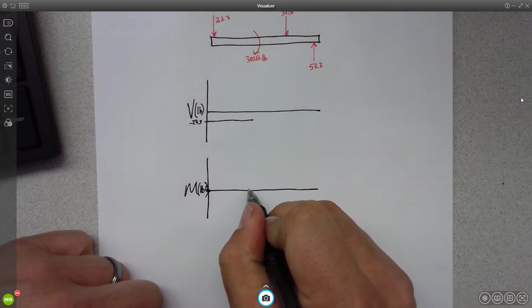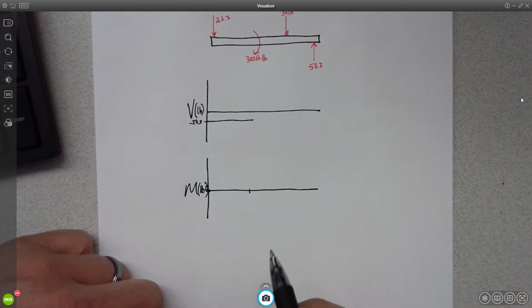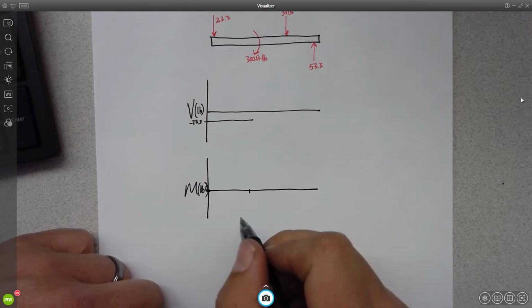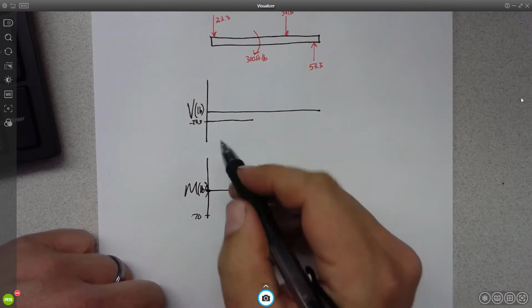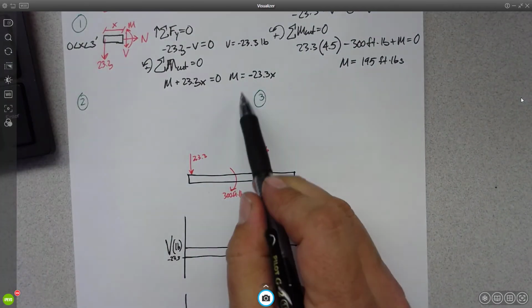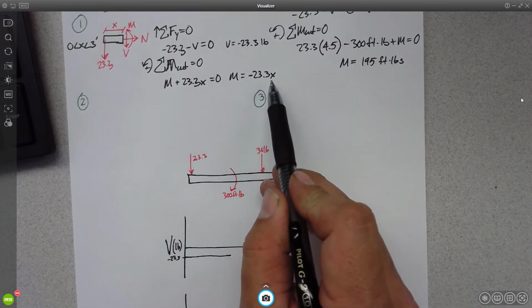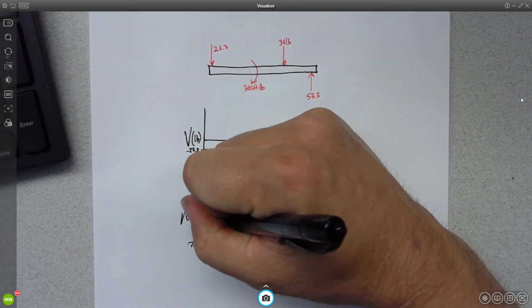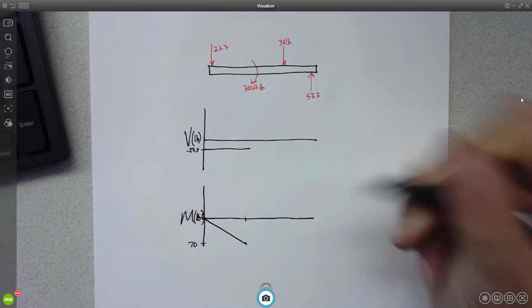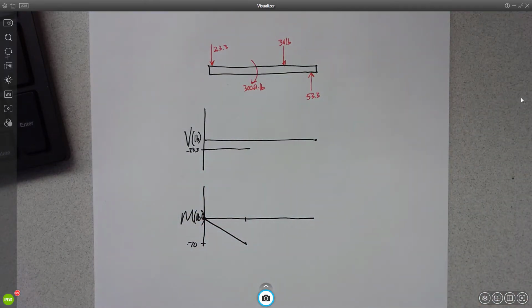And if I go to 3, I'd have 3 times 23.3, which is 70. So I'm going to put a dot right there at 70. And what type of line is negative 23.3x? Yeah, it's a straight line. So what I have is a straight line, constant slope down.